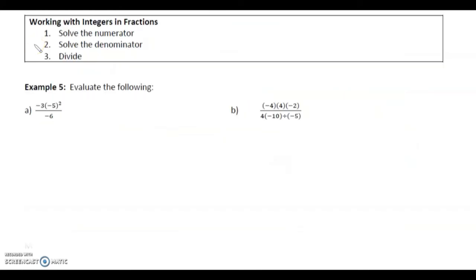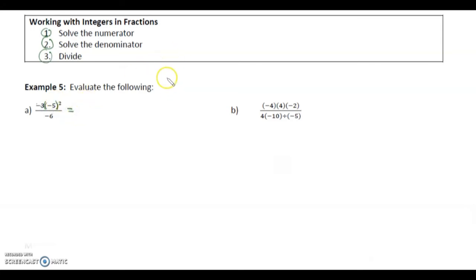Now, working with integers in fractions. So what we're going to do is separately, we're going to solve for the numerator, then we're going to solve for the denominator, then we're going to divide. Okay? So we have negative 3, and this bracket means multiplied by negative 5 squared. Okay?